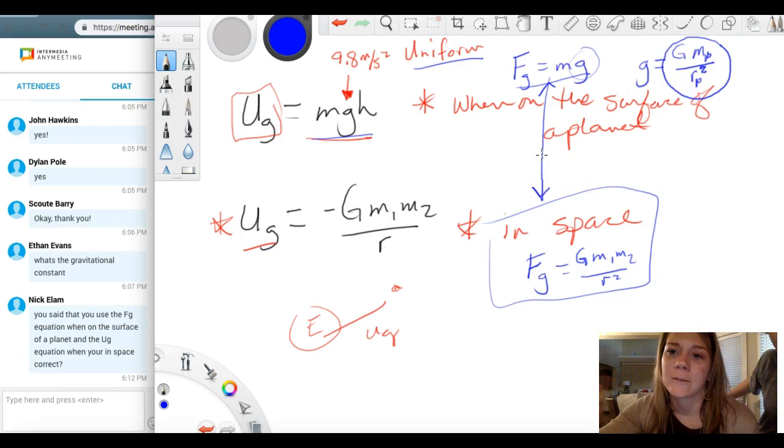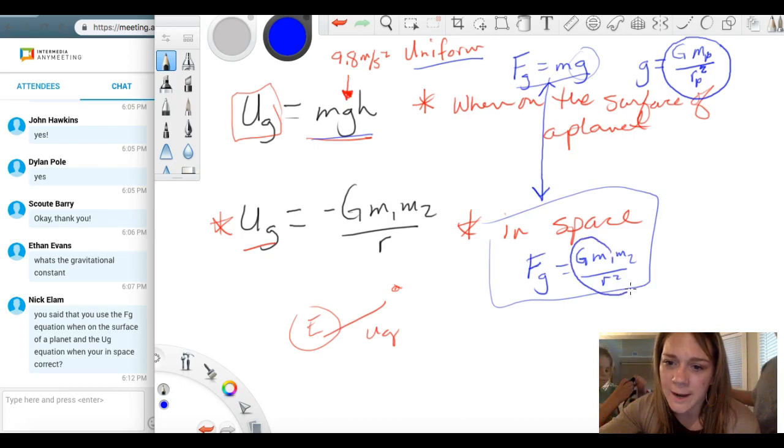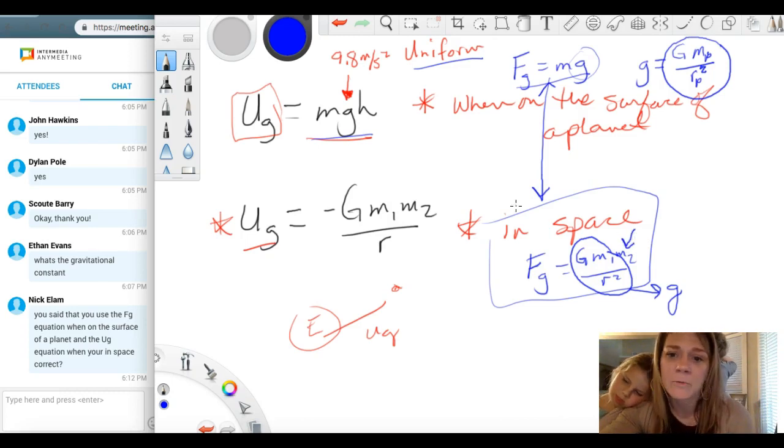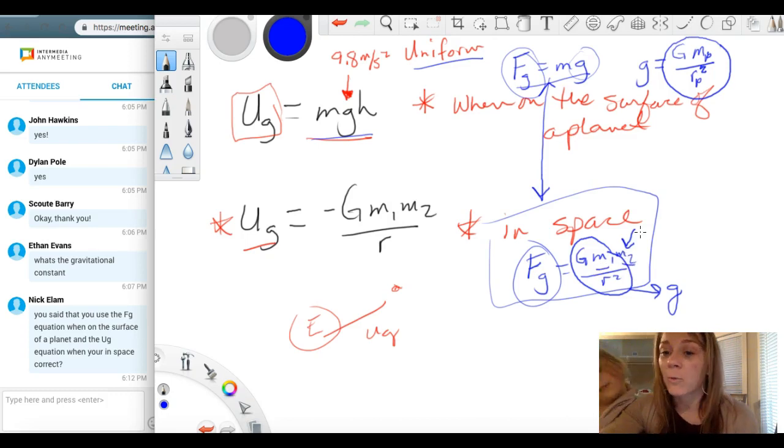Whenever you compare these two equations, you can see that this is really just the g value for any planet. Then if I multiply that by the second mass that is experiencing that gravitational field, that's when I can determine the force between those two objects. Because it took both masses to determine the force between the two objects, the force between the two objects has to be equal.